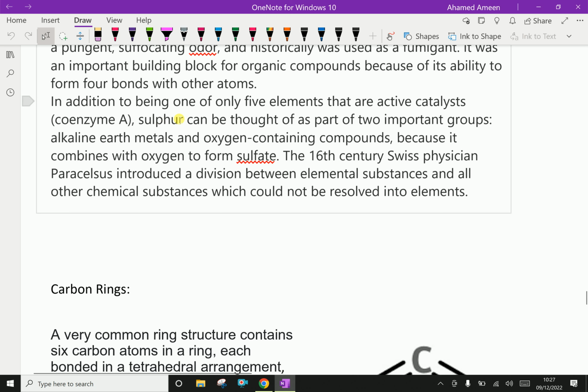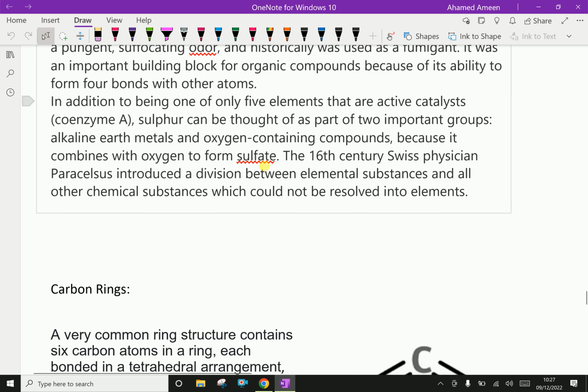In addition to being one of only 5 elements that are active catalysts, as in coenzyme A, sulfur can be thought of as part of 2 important groups: alkaline earth metals and oxygen-containing compounds, because it combines with oxygen to form sulfate.